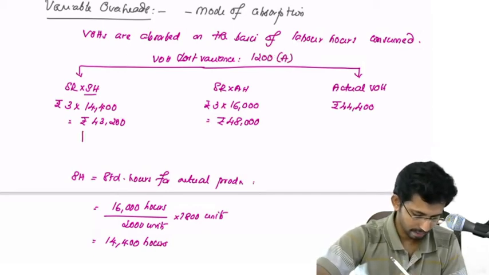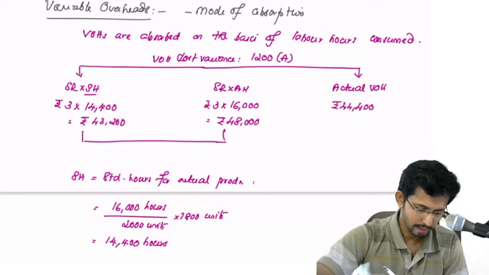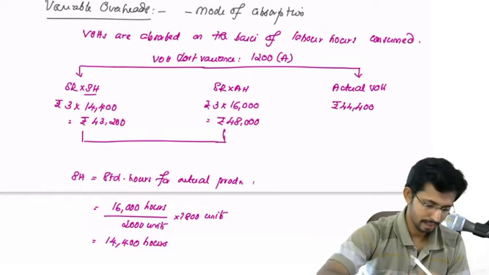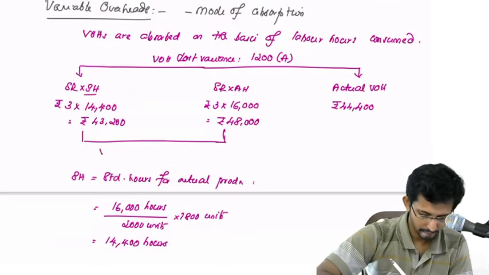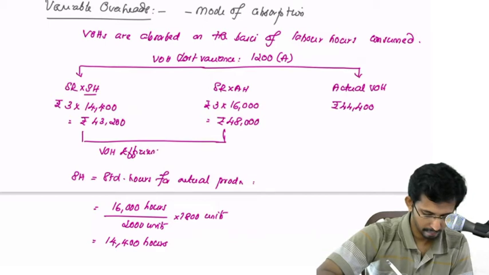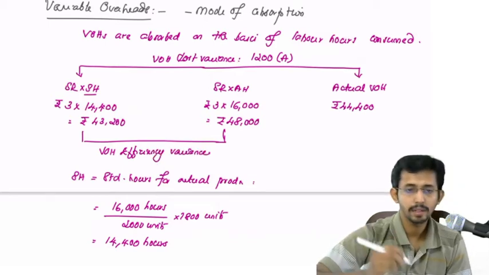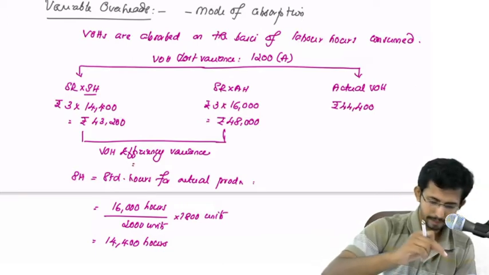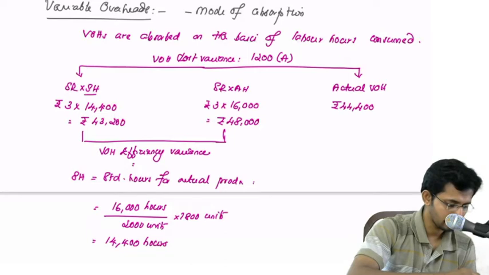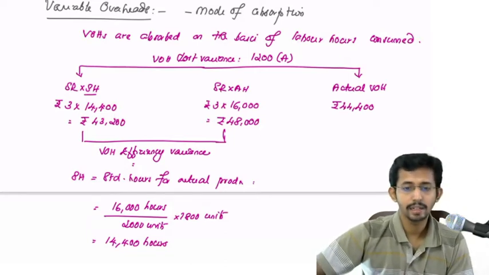Now what is this? Variable overhead efficiency variance. Efficiency variance is equal to 43,200 minus 48,000, that will give you 4,800.